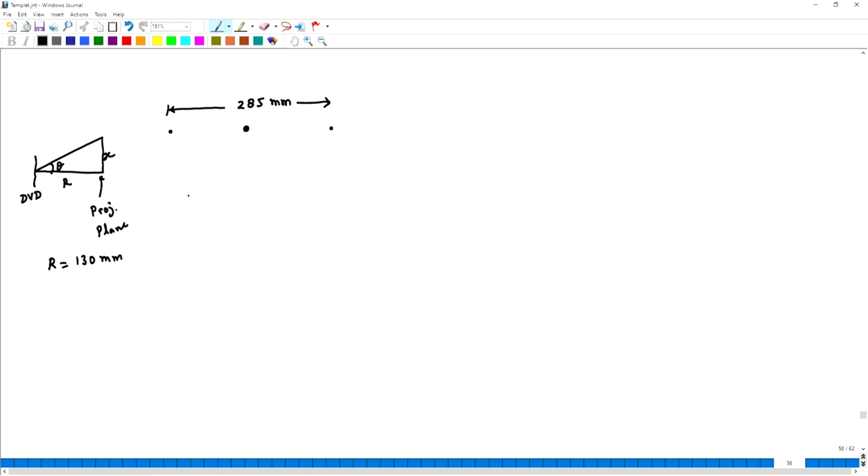So, tan theta equals x upon r. Now 285 millimeters is the distance between the pair of spots, so the distance between the transmitted spot and the diffracted spot would be 285 upon 2, which gives me 142.5 millimeters.